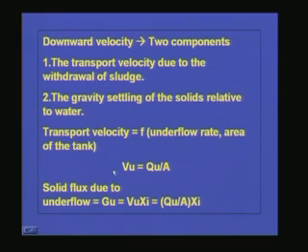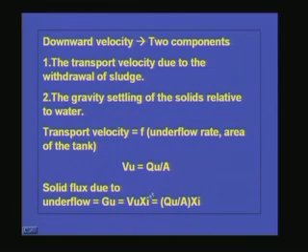The transport velocity Vu we can calculate using this formula: Vu is equal to Qu divided by A, where Qu is the underflow rate. So, the solid flux due to underflow we can write as Gu is equal to Vu into Xi, that is Qu by A into Xi.